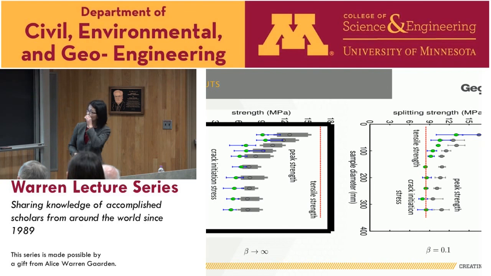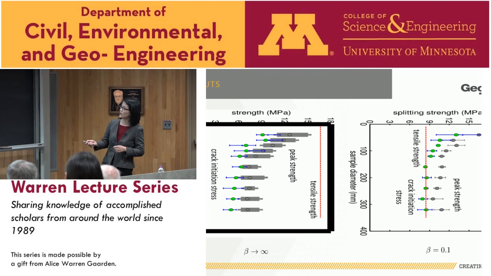My students have gone through many runs and tried to get also a statistical distribution of these strengths. So this one's from uniaxial tension, and that's a case for elasto-perfect brittle contact laws. And as you can see, if you determine the tensile strength from the peak, it underestimates the tensile strength.